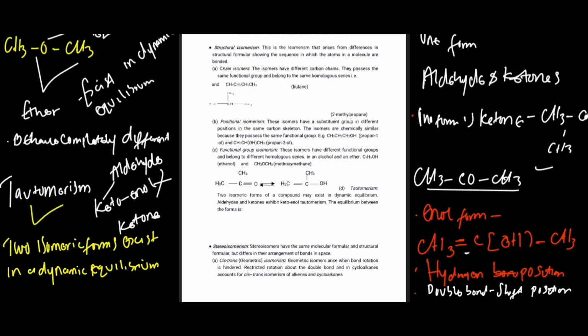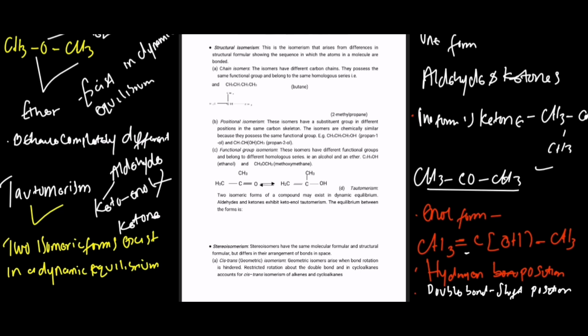So in essence, structural isomerism happens when the compounds have the same molecular formula but different structural arrangement, that is, the way the molecules are bonded together.